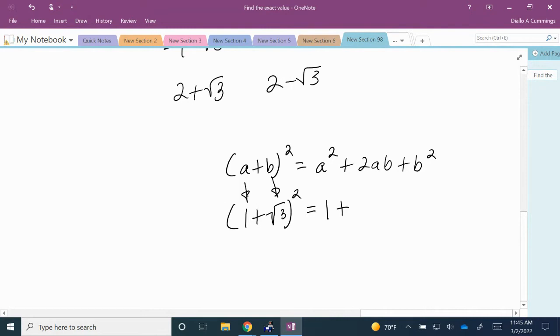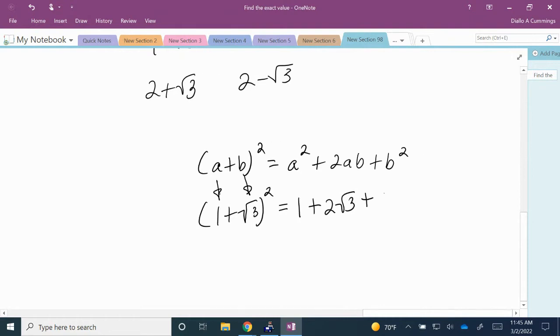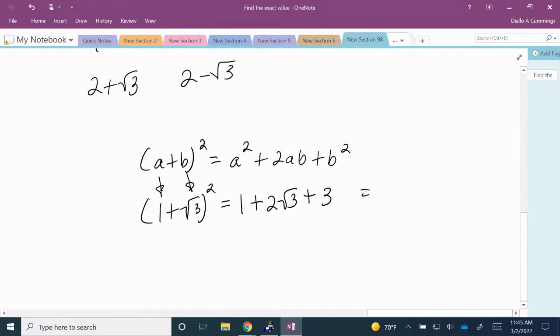So 2 times 1 is 1, 2 times square root of 3 is square root of 3. So that's 2 square root of 3. Plus, if we were to square the square root of 3, the square root and the square cancel, and we would have 3. And then we can combine like terms for 4 plus 2 square root of 3.